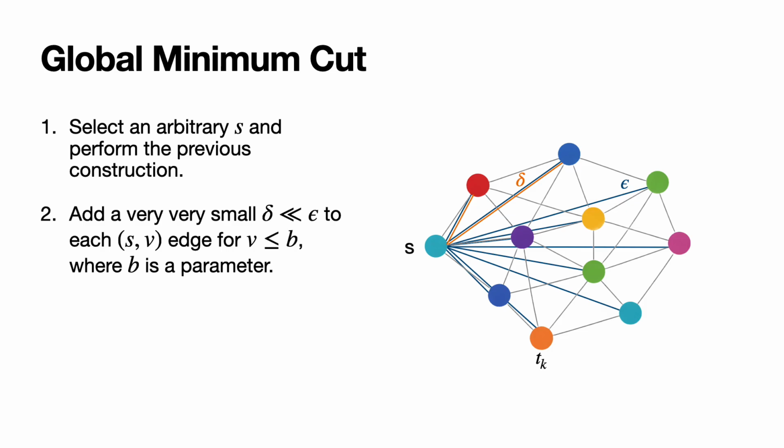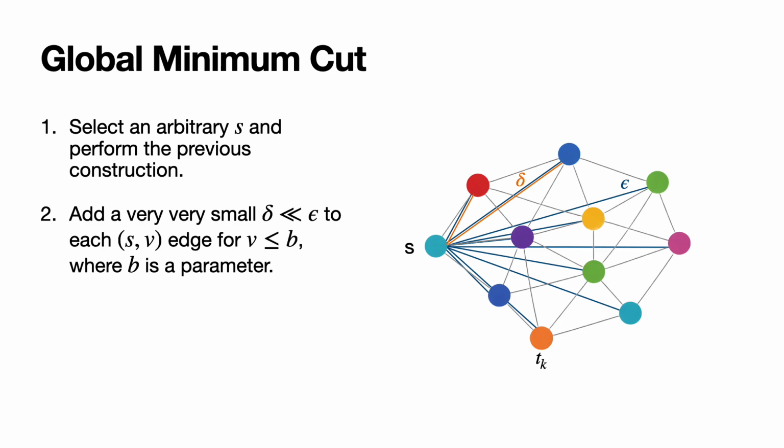So a much, much smaller weight delta. Now, B is just a parameter, right? But here's a fact. With access to a minimum cut algorithm, we have a way of testing if B is either larger than Tk or if it's smaller than T k minus 1. Okay? This is a fact we show in the paper.